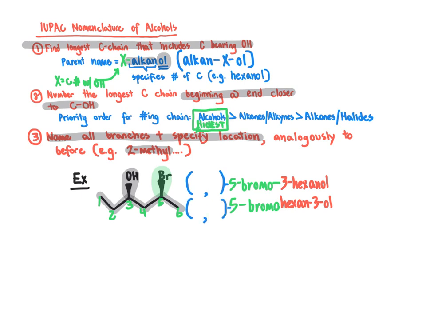And we have chiral centers at carbons 3 and 5, so I'm going to fill in 3 and 5 for this, and we'll establish the stereochemistry here. At carbon number 3, we rank the 4 groups bonded to our chiral carbon, which I'm putting a star on. Highest ranked is the hydroxy group because we have an oxygen directly bonded to our chiral center. Oxygen has a higher atomic number than the other groups.